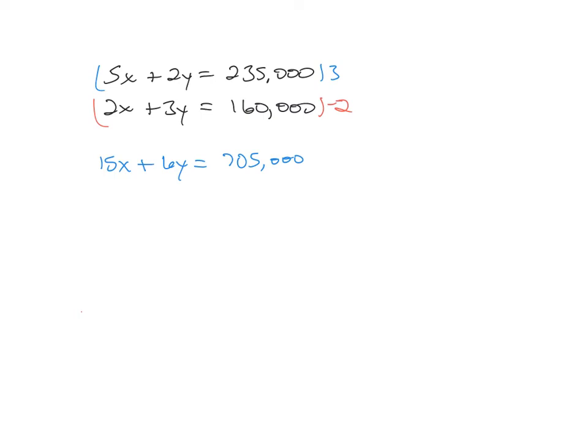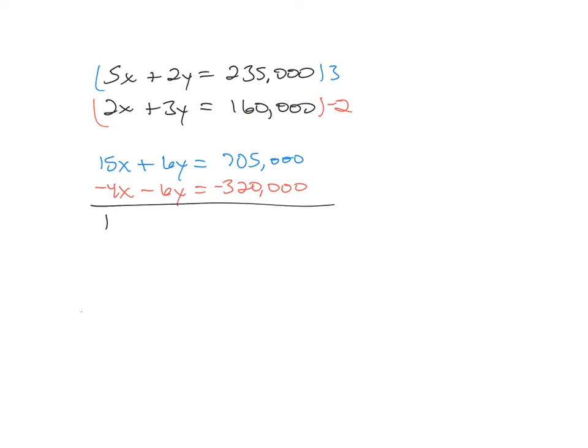The red one: 2 times negative 2 is negative 4. Be careful of that negative sign. Don't forget it, because if you put positive 4 instead of negative 4, or positive 320,000, the whole thing gets messed up.